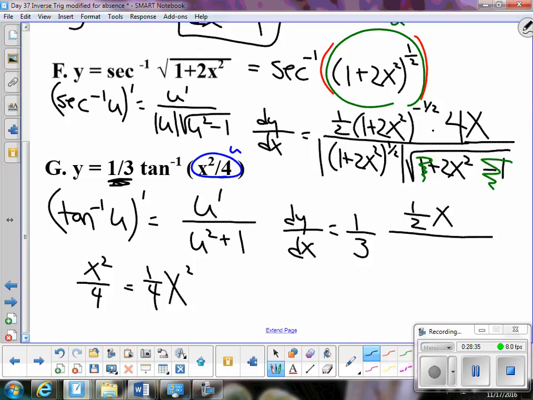That's my u prime. And then we need down in the denominator u squared plus 1. U is x squared over 4. We're going to square that. So you could just leave it in parentheses squared, or you can write x to the 4th over 16, and then plus 1. So it's 1/3 times all that. 1/3 u prime over u squared plus 1.